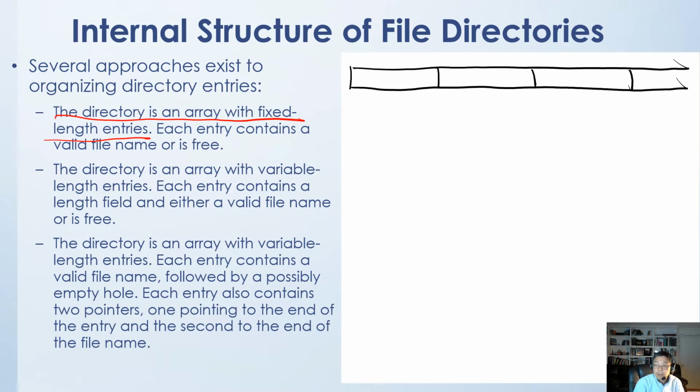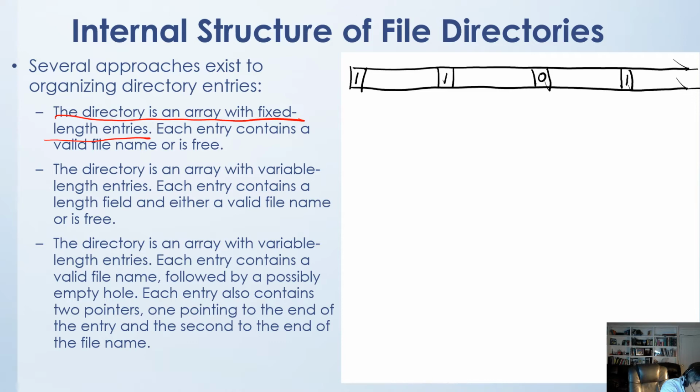Now each entry is either occupied or free. So we basically use just one bit in each entry. Now, if the entry is occupied, then we use 1. And then if this is not occupied, it's free, then we use 0.